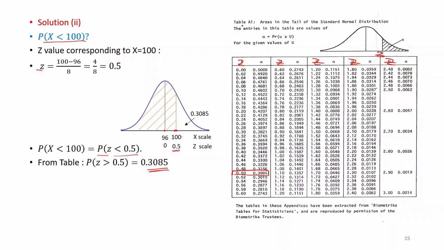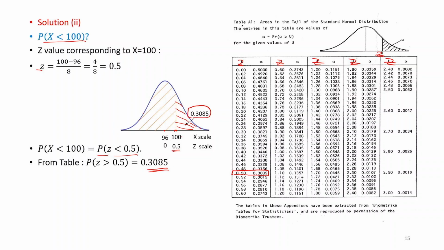These areas have been tabulated here. So this area, if I draw some line like this, is 0.3085 as per this particular table, because that's how this table has been made. Area more than certain value of Z.